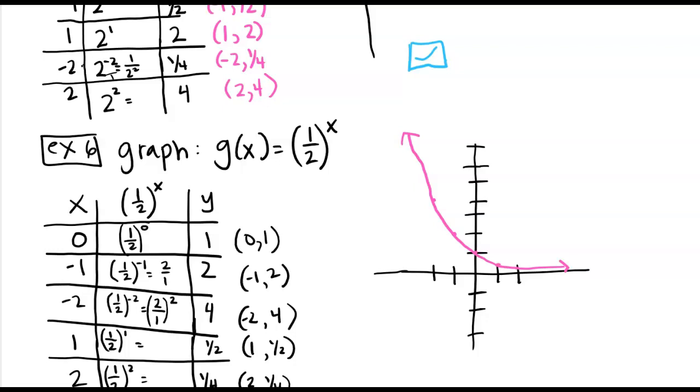Things with this kind of shape are functions, but these are going to be exponential decay. And again, that's because as you're looking at it from left to right, it's going down, but it's going to be getting closer and closer to an axis, or a certain line. It doesn't have to be the x-axis that it gets close to, but that's what's happening in this case.